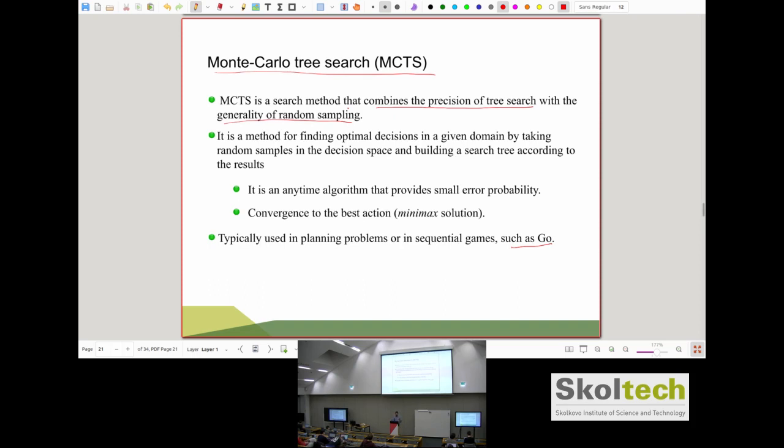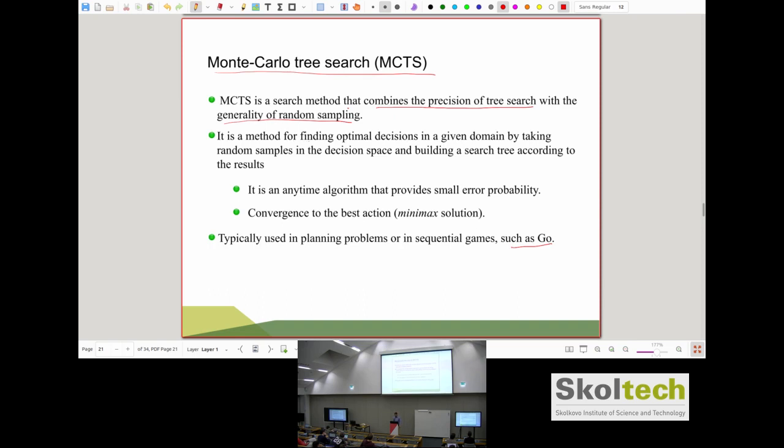If we see that some actions taken are giving us, on average, good results, or good reward, that's an action that we should keep exploring. If we see that this action is taking us very bad rewards consistently, then we should not be allocating more resources into the exploration of that part.